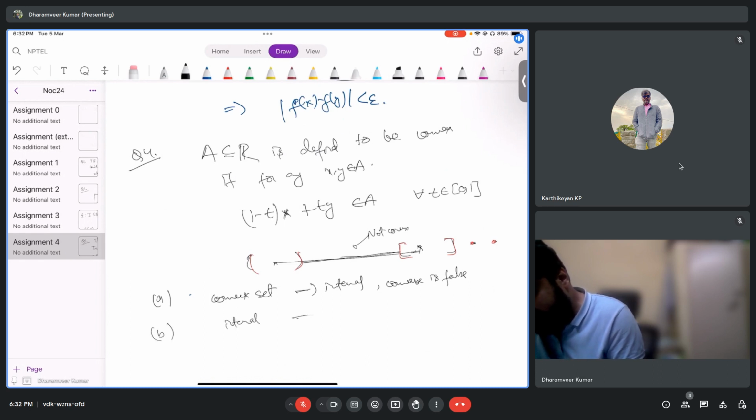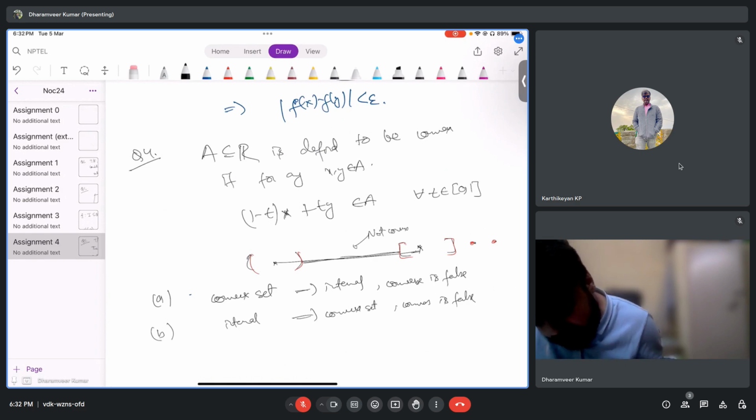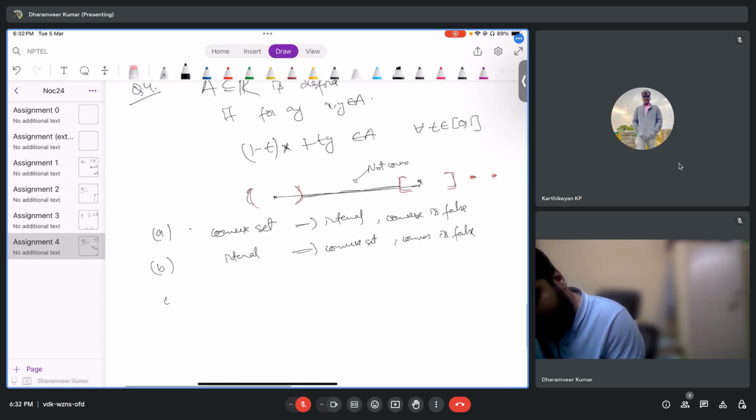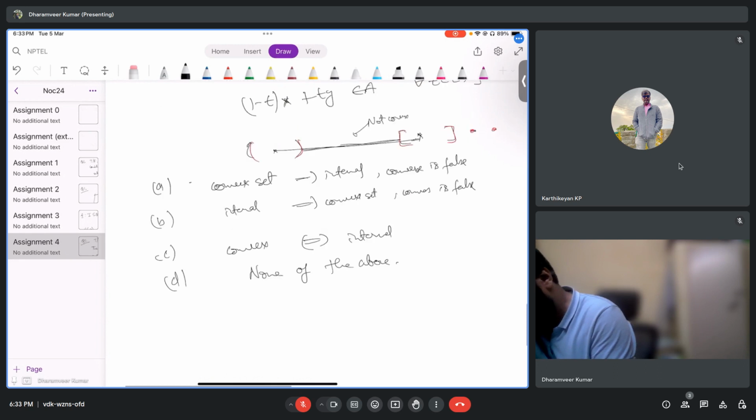Interval implies convex set, converse is false. Convex implies interval, interval implies convex. None of them.